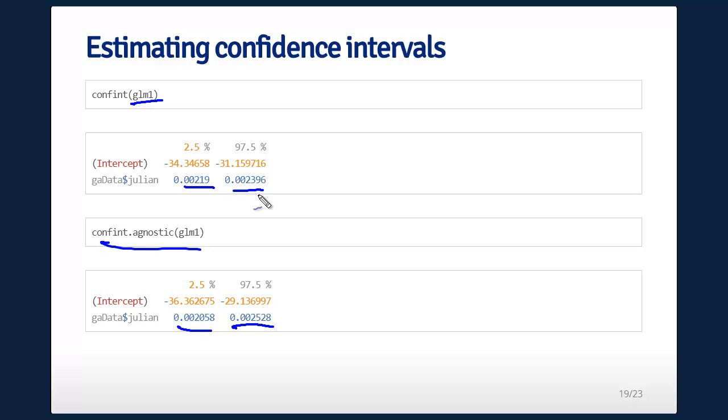It makes the intervals a little bit wider. Also remember, these are very small numbers, so if we do our quick exponentiation, we're estimating about a 0.2% increase in web traffic per day.